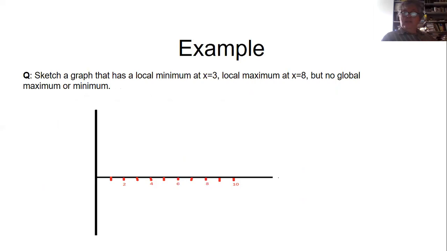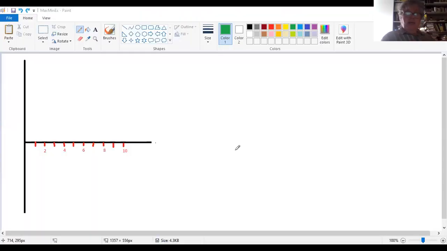Here is an example then. Let's say we're asked to sketch a graph that has a local minimum at x equals 3, a local maximum at x equals 8, but no global maximum or minimum. I've just opened up Paint.